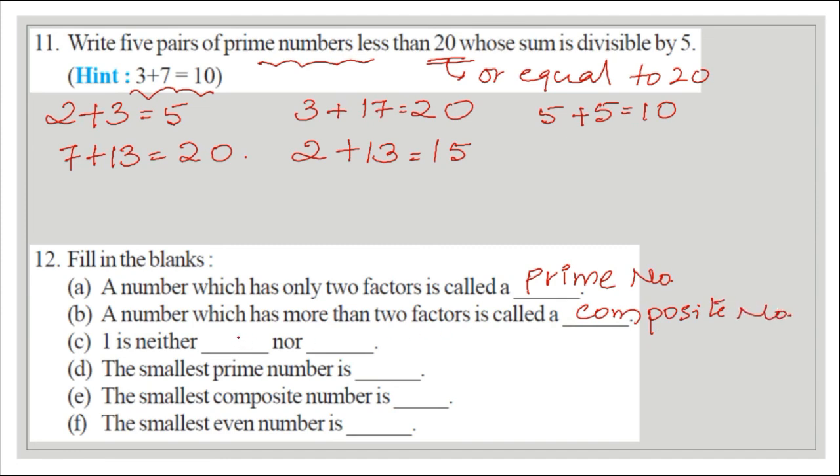One is neither prime nor composite. The smallest prime number is 2 and it is the even prime number. The smallest composite number is 4. The smallest even number is 2.